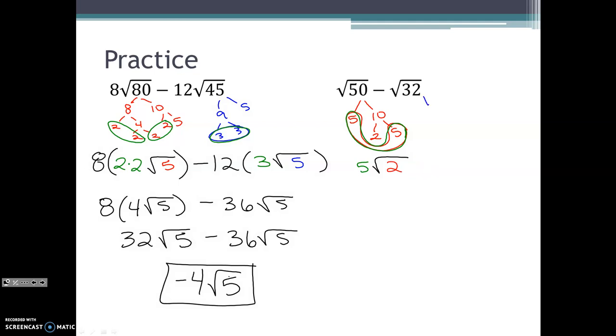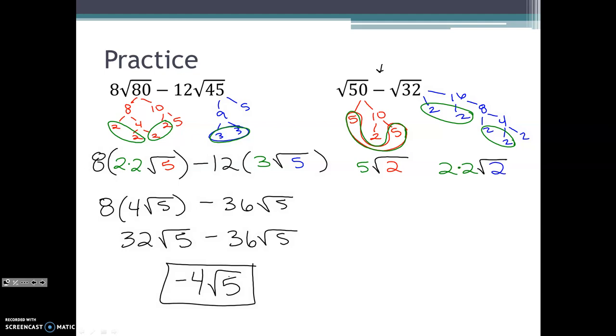And then my 32, 2 and 16, 2 and 8, 2 and 4, 2 and 2. So I'm looking for pairs. There's a pair. There's a pair. But I do still have 1, 2 left on the inside of it. Okay?